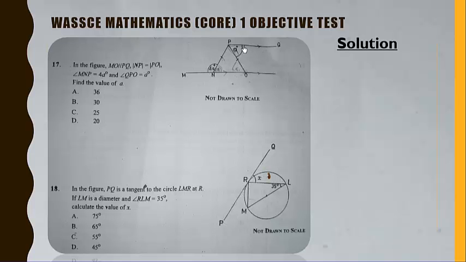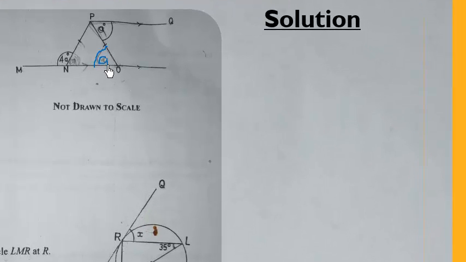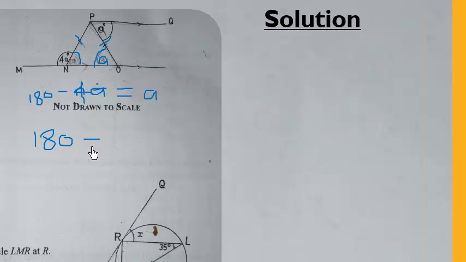Now over here, we know this is parallel to this, so this is alternate to this. Now this one too is given by 180 minus 4a, because the two of them should add up to 180. But we know the sides are equal, so these two angles are equal. The base angles of the isosceles triangle are equal.